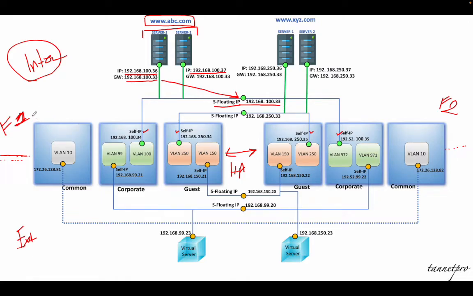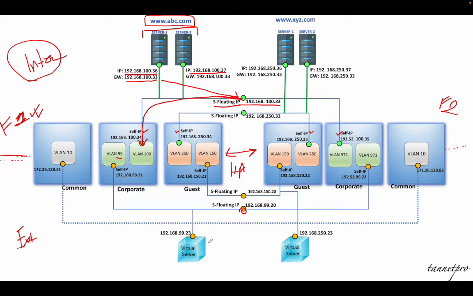Just think the left hand side box is up and running and configured as primary. It will come to this floating IP and send here, right? From here it goes under this group, and now external VLAN 99 will communicate with here only, right? It will create a floating IP over here.